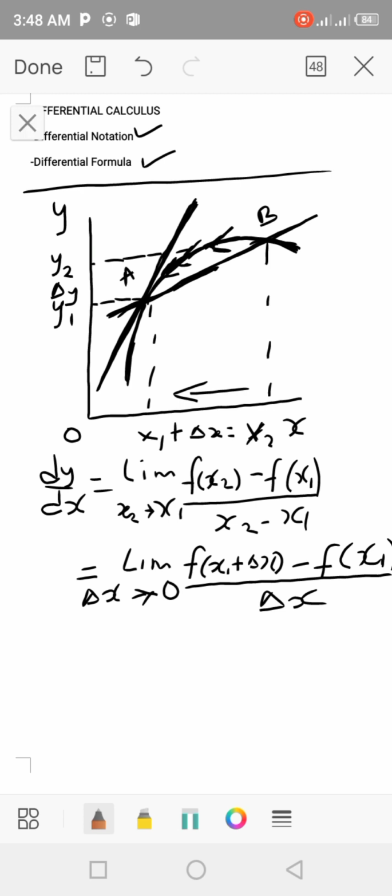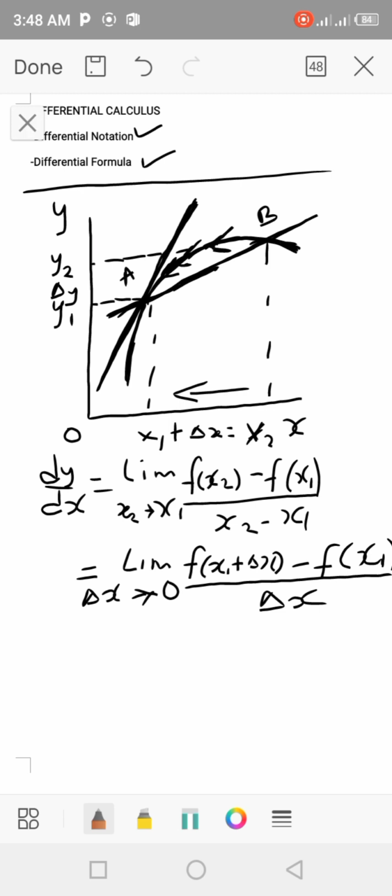So it gets smaller and smaller towards 0. So that is why I put change in x tends to 0. So as x2 falls to x1, change in x is getting smaller and smaller to 0.